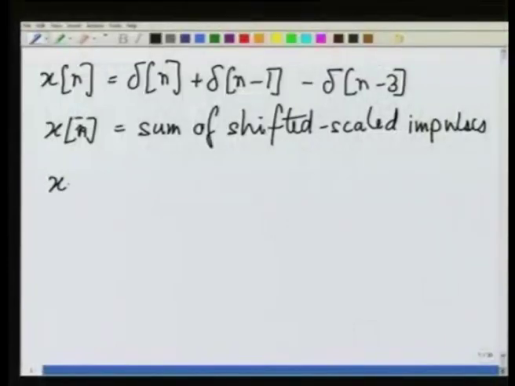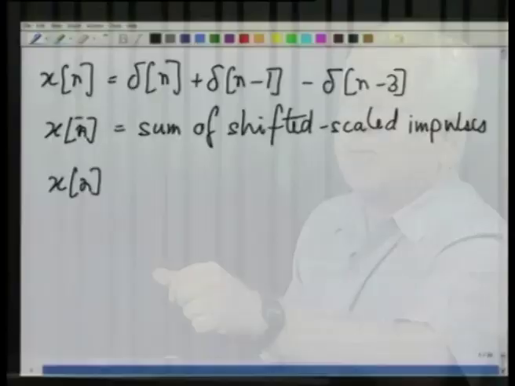In general, therefore, if we had an x n with probably large values at some places, probably infinite support, whatever x n, then x n is again expressed as a sum of simpler signals.